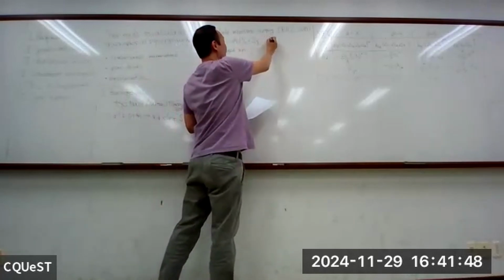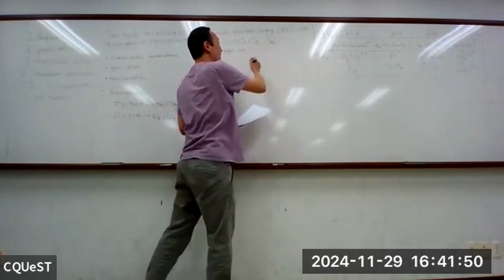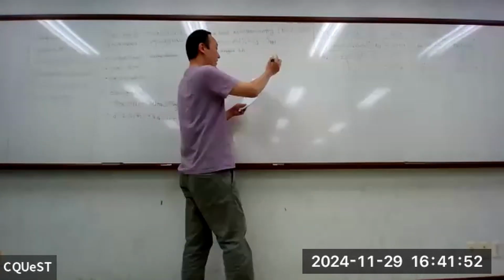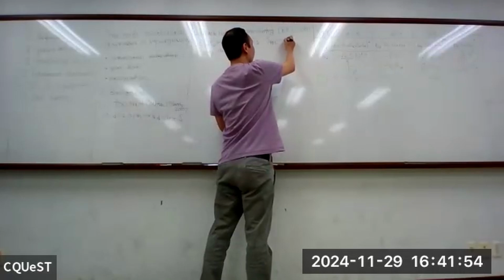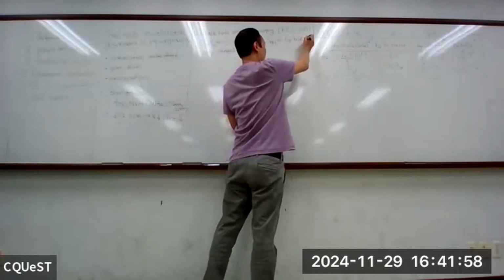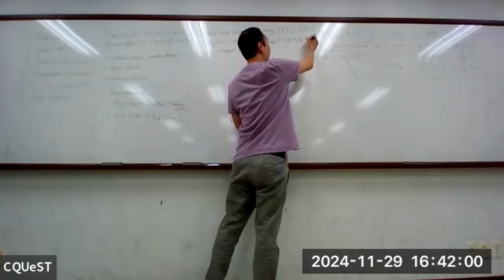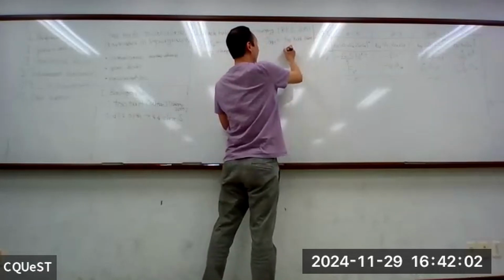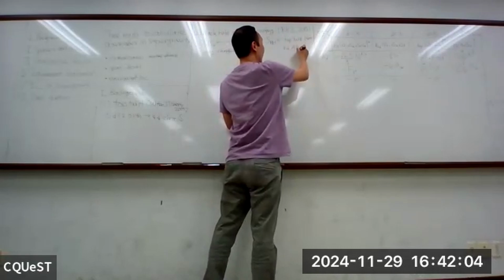So if you compute the Bekenstein-Hawking entropy of these black holes, they can be obtained by the topologically twisted index of 3D ABJM theories.